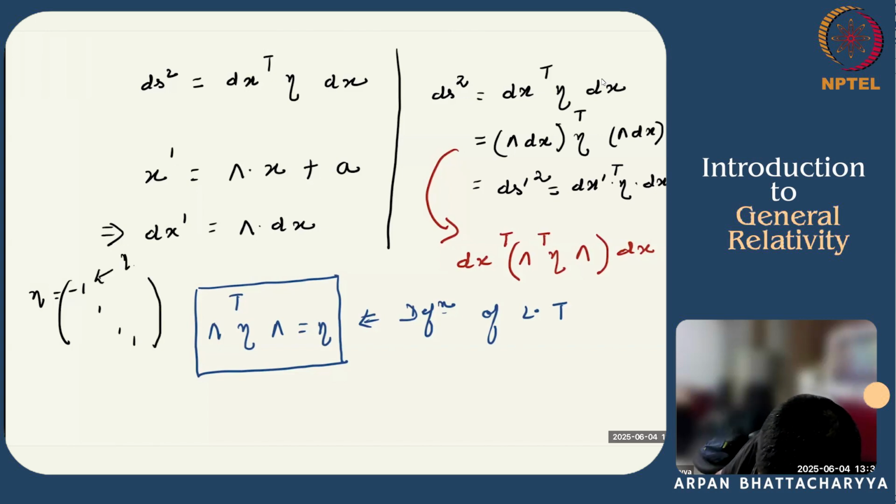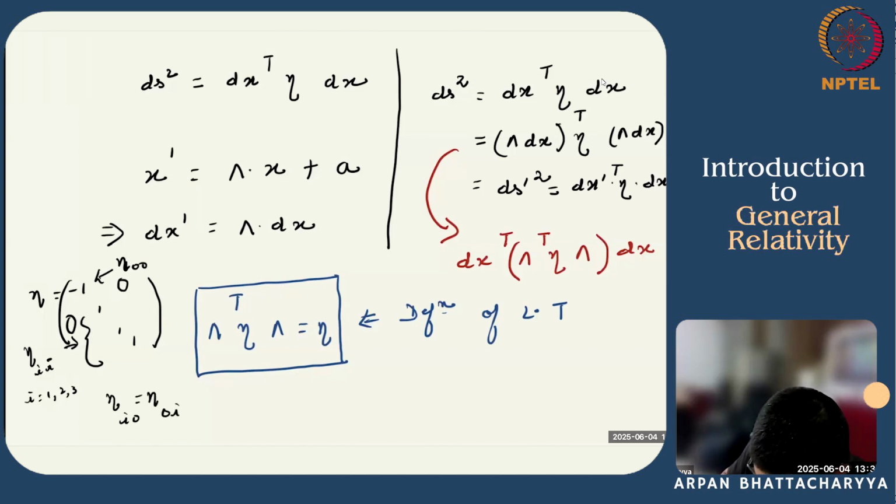This first entry we denote by eta 0 0, and these three entries we denote by eta i i, where i runs from 1, 2, 3, and of course the off diagonal elements are 0, which means eta i 0 and eta 0 i are 0. Because of this minus sign, it spoils the orthogonality.